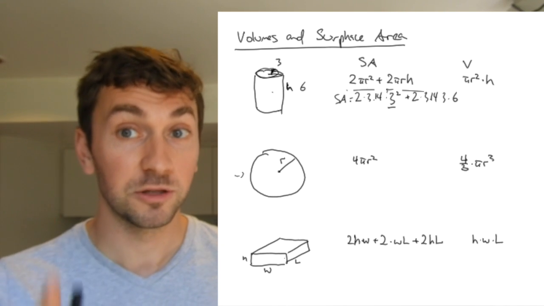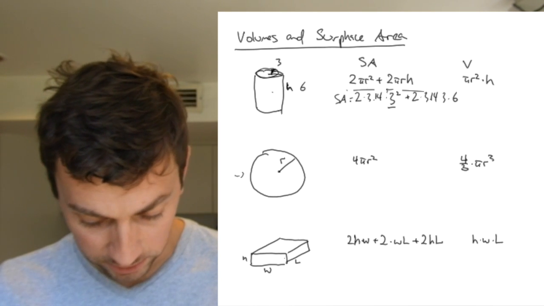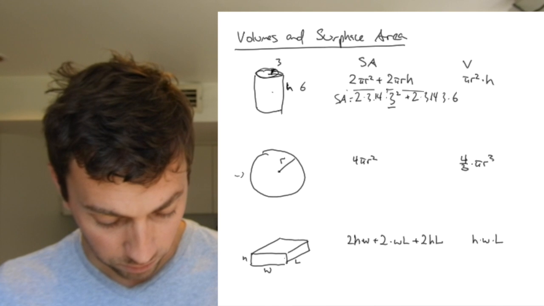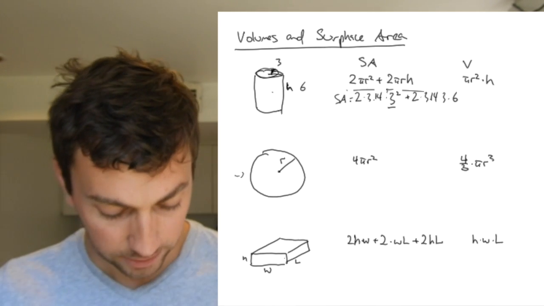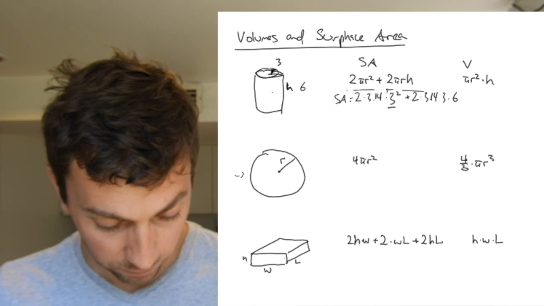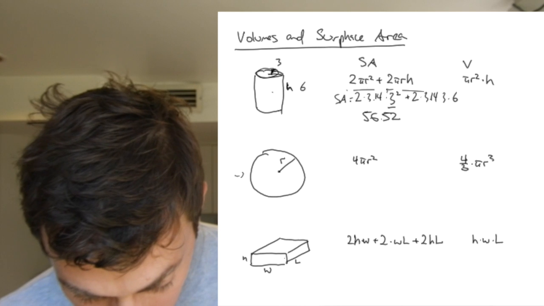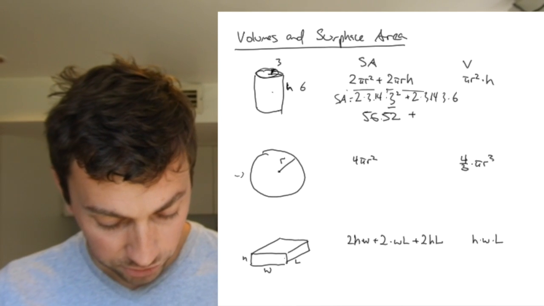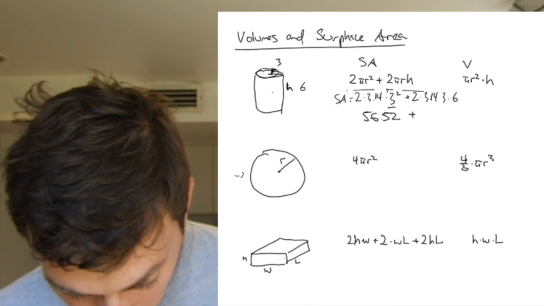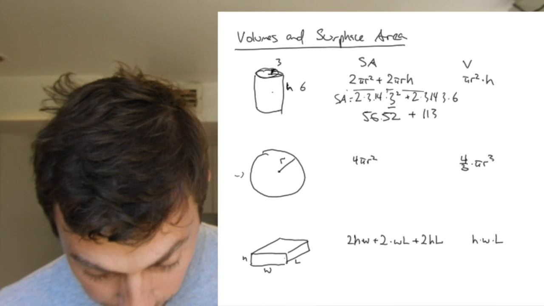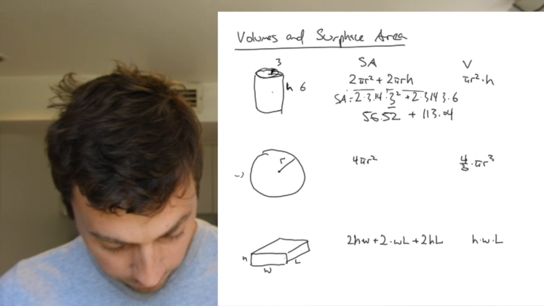Exponents first, and then multiply. So 3 times 3 is 9, times 2 times 3.14, so that is 56.52. Then I get 2 times 3.14 times 3 times 6, and that's 113.4, and then I add those 2 together.